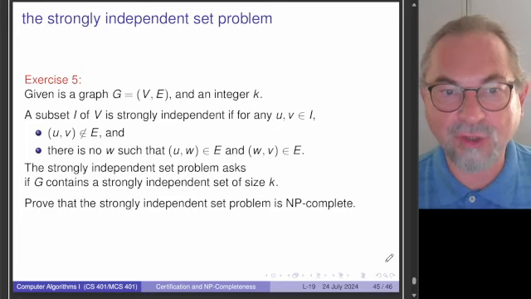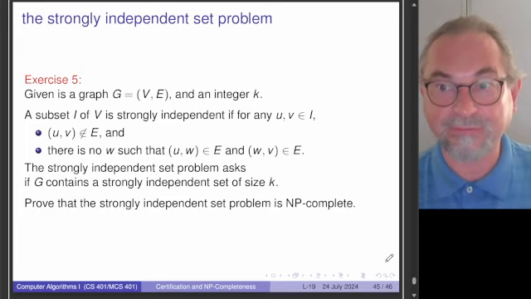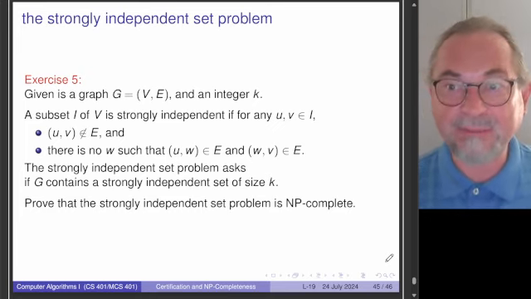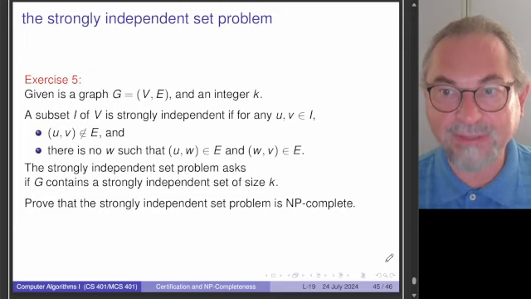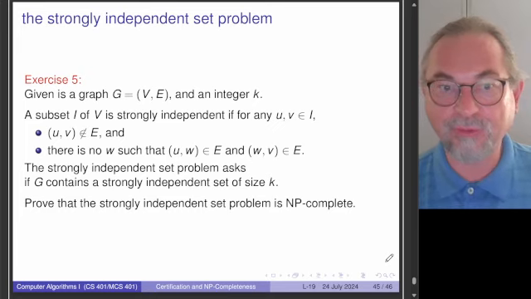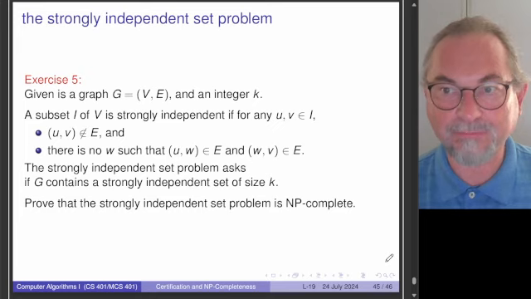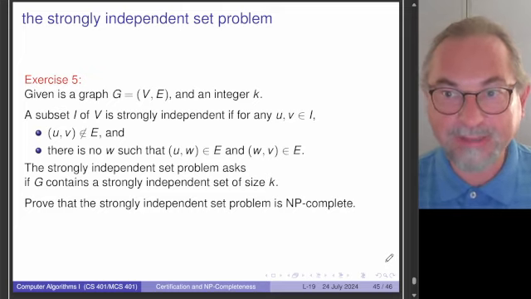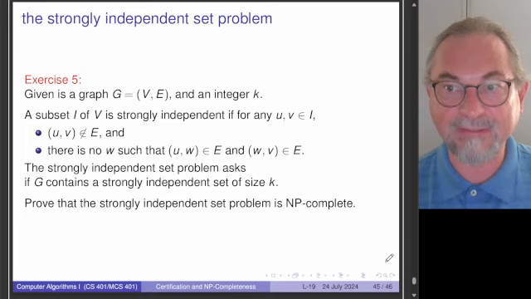How can you now show that? So it is in NP, you have an efficient certifier. That's the first step. The second step is that you have to show that an NP-complete problem can be reduced to the strongly independent set problem. You can start with the independent set problem and try to see if you can reduce it to the strongly independent set problem.